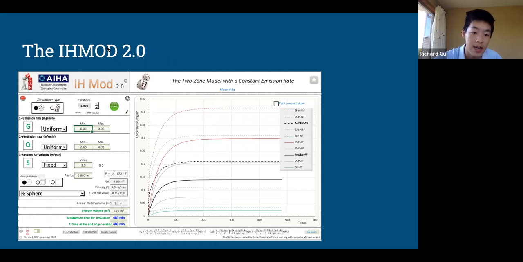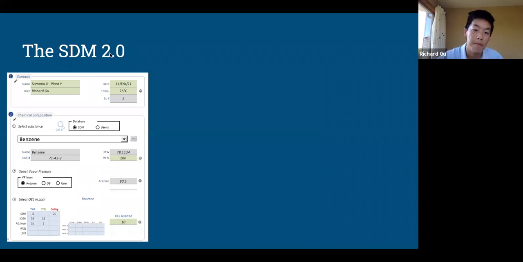So in my study, for my mathematical model, I used the IHMOD 2.0. As you can see, there's quite a bit of scenario-specific information, different measurements from this particular scenario, such as the emission rate, which is how fast the chemical is generated, and we can see our confidence intervals here. And for the checklist, I used the SDM 2.0.